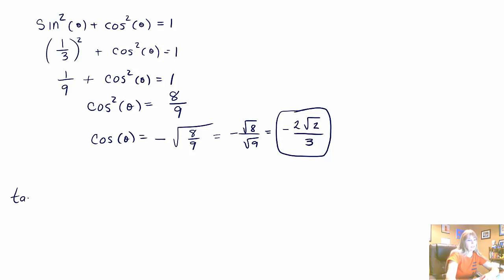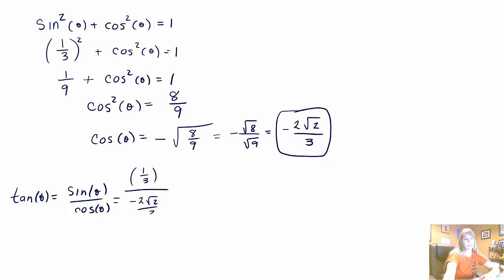And then, to find tangent using the identities, I just simply take sine over cosine. So I know sine is 1/3, and I know cosine is that value. All right, so once again, of course, the 3's cancel, and I'm doing the same technique as I did earlier. And I get negative square root of 2 over 4.